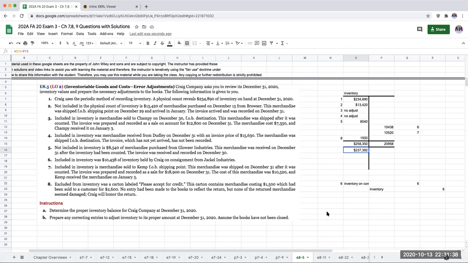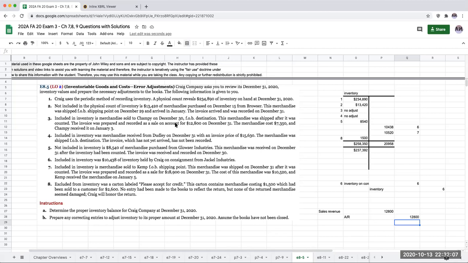So what I'll need to do here is reverse this journal entry, which is basically going to be sales revenue and then accounts receivable, for 12,800 and 12,800. So this should not have been recorded as a sale.